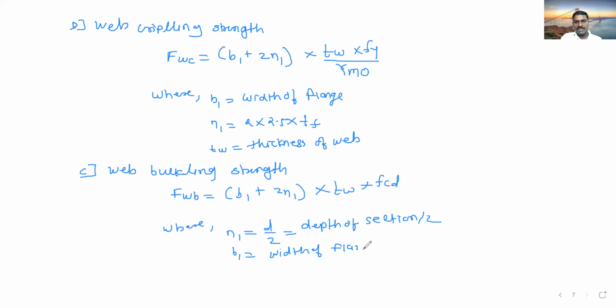So all these notations are given in the steel table. D is given, B1 is given, thickness of web TW is given. And here, what is FCD? FCD is the compressive stress, which we have seen in unit number 4.